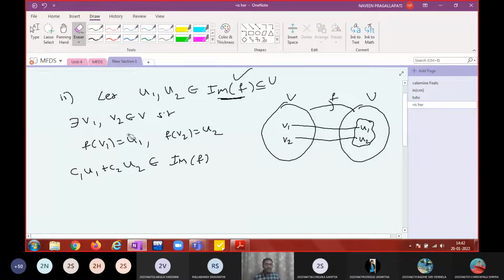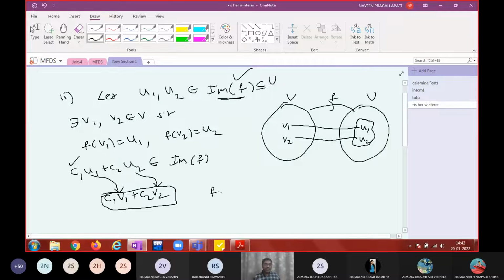You take the corresponding linear combination c1 v1 plus c2 v2. You have the scalars, no? You take the scalar, multiply with its pre-image. The u1 pre-image is v1, the u2 pre-image is v2. Okay, you take a vector of this form.